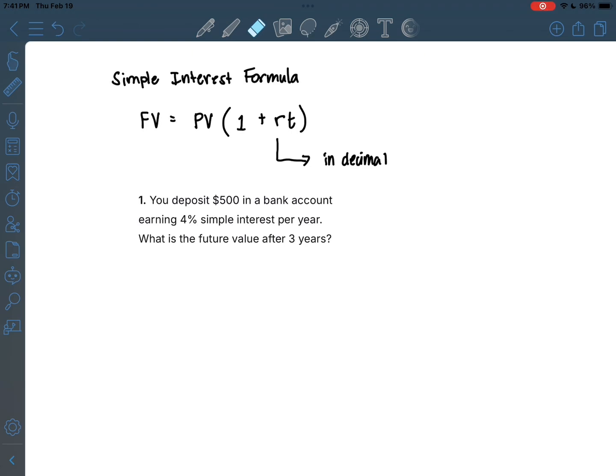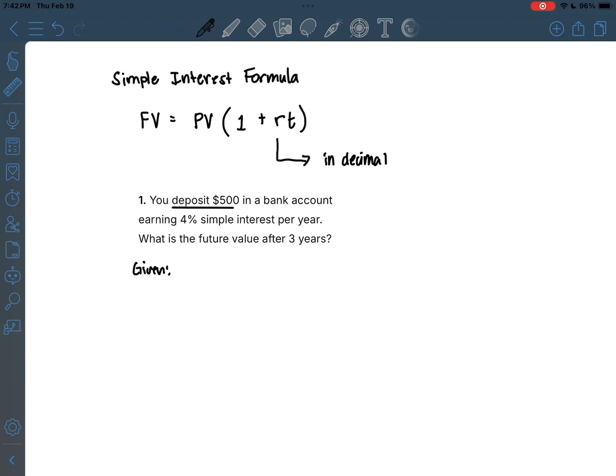In this problem, we have a simple interest problem and we have to list down all the given values first before we proceed to solving the problem. The given here is you deposit $500.